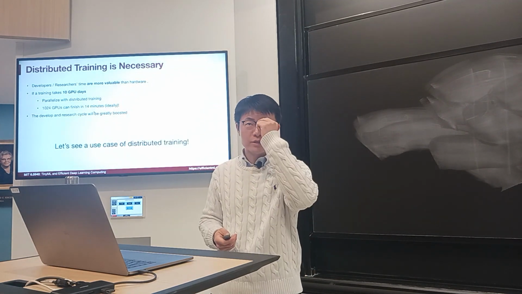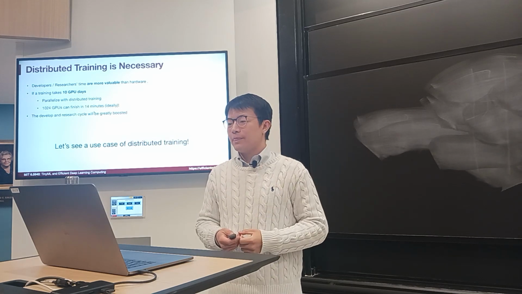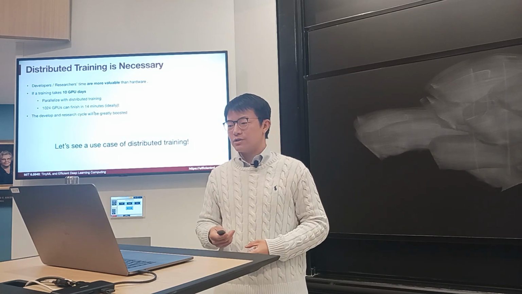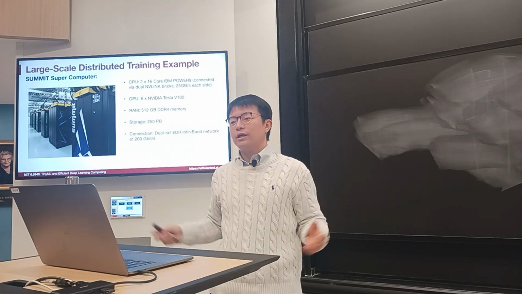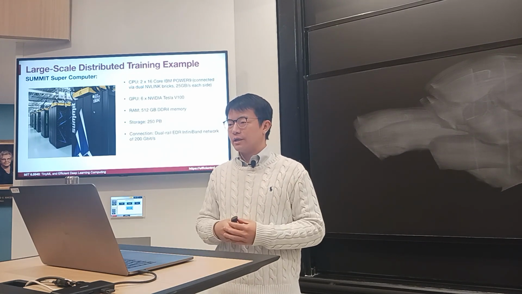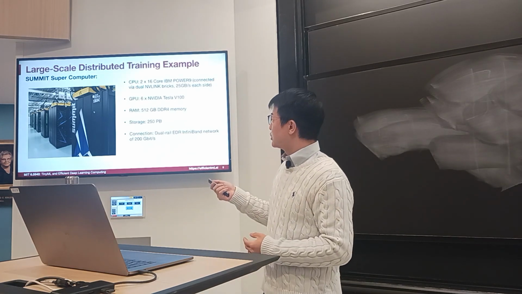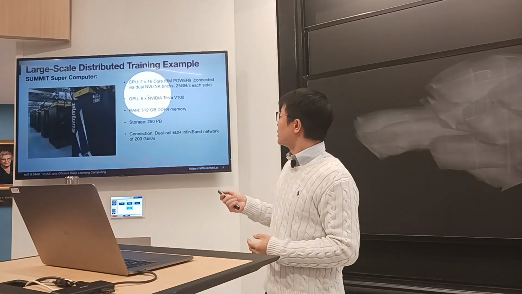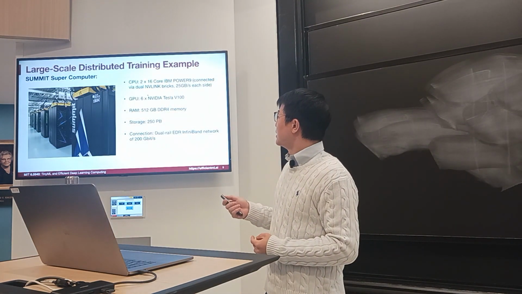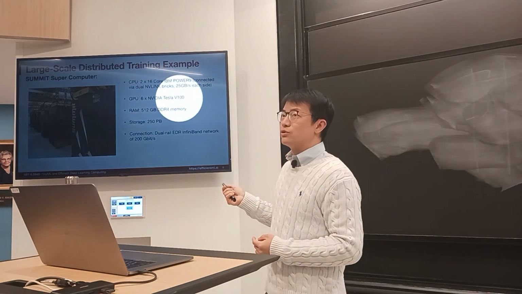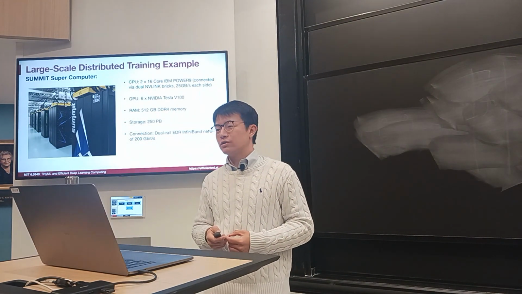Let's see a real use case that our lab did for distributed training a couple of years ago. We exploited the Summit supercomputer. It has many V100 GPUs. It's pretty big. At that time, we trained over 1,000 GPUs. Each GPU is a V100. That's already 2 or 3 generations ago.